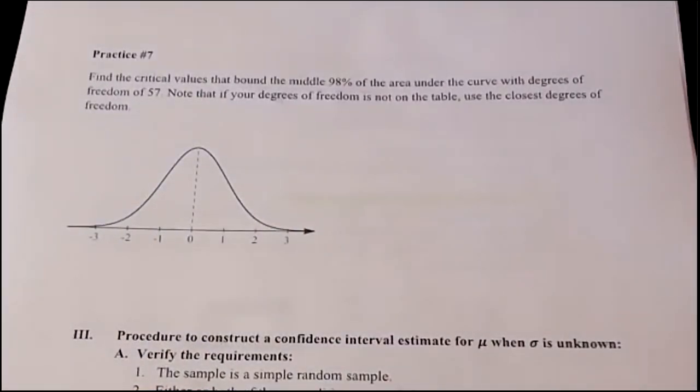Practice 7. Find the critical values that bound the middle 98% of the area under the curve with degrees of freedom 57. Note that if your degrees of freedom is not on the table, use the closest degrees of freedom.